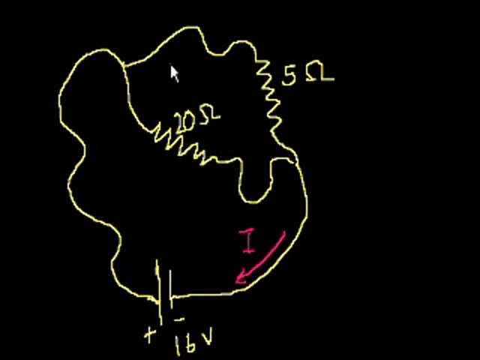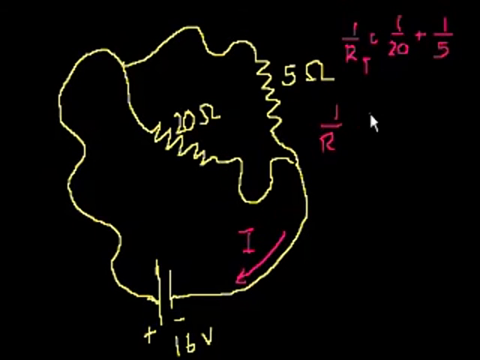So how do we figure out the equivalent resistance? Well, we just hopefully proved to you that 1 over the total resistance is equal to 1 over this resistor plus 1 over this resistor. So 1 over 20 plus 1 over 5 is what over 20?